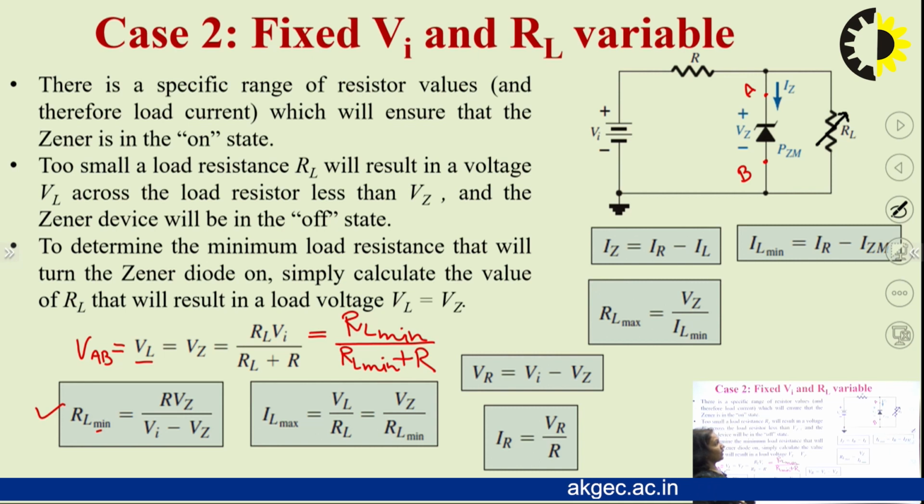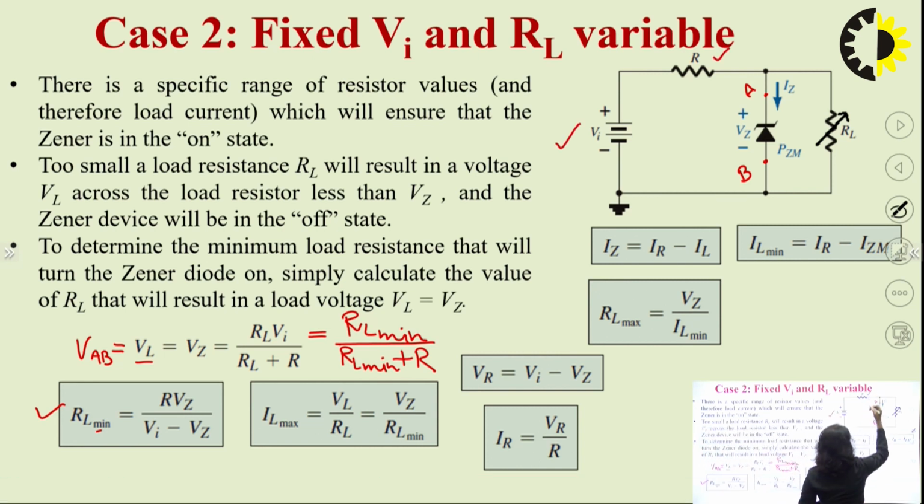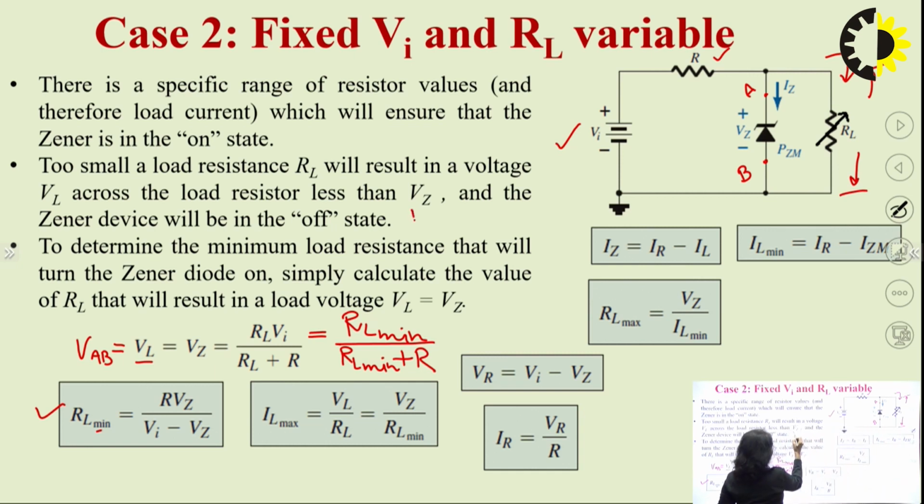Now we know that this voltage is fixed, this resistance is a fixed value, and VZ is also a fixed value, but this load resistance is variable, and the voltage appearing across this load resistance is also fixed. So we can say that VL is equal to VZ, and that will be equal to RL times IL, and this RL is a variable value.